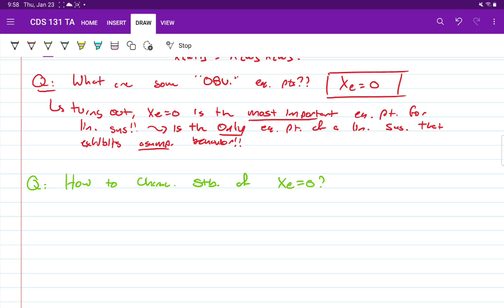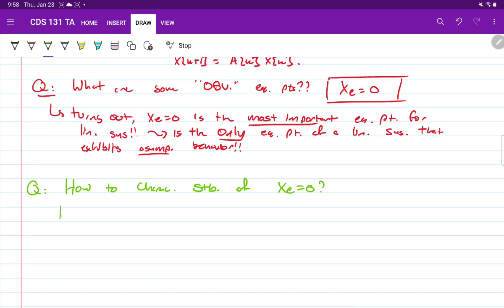So what we want to do now is characterize the stability of the equilibrium point xe equals 0, right? We said that this is kind of this canonical choice of equilibrium point. Okay? So how are we going to do this? Well, if you take a look at the basic definitions of Lyapunov stability, what you're trying to do is characterize the difference between the trajectory of your system, x of t, and the equilibrium point xe, right?